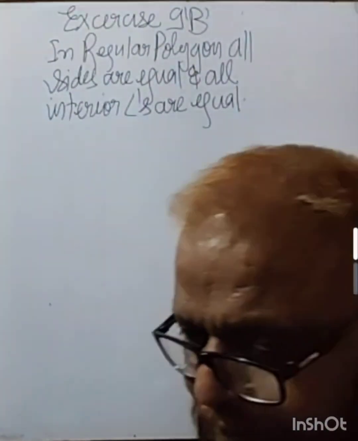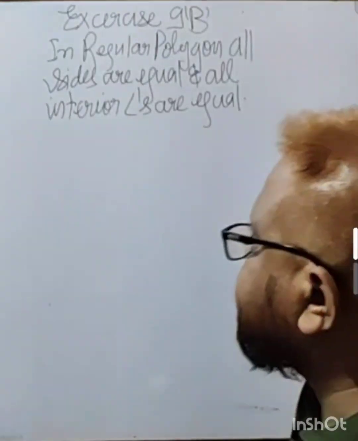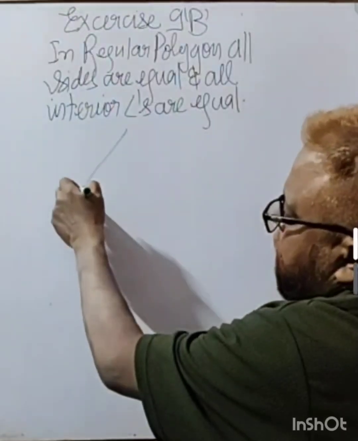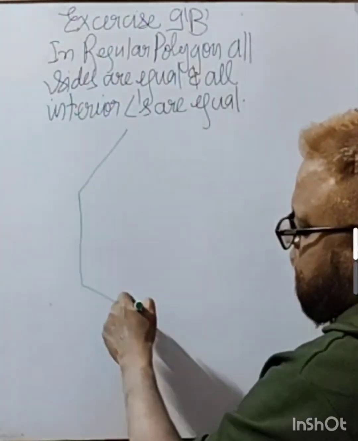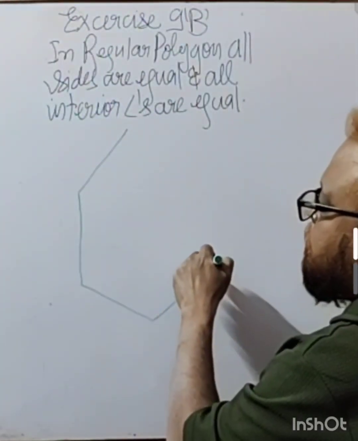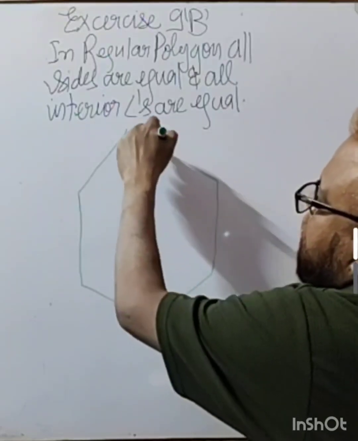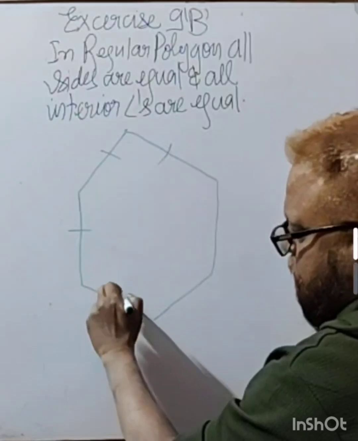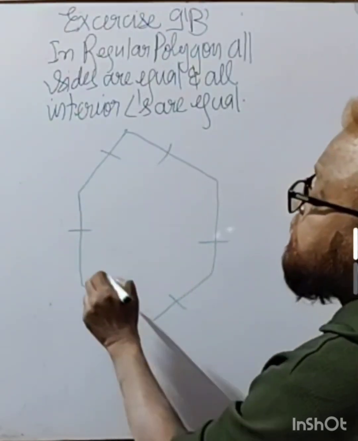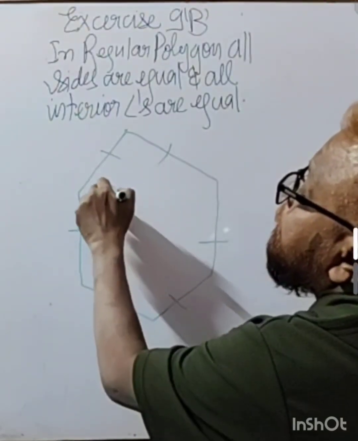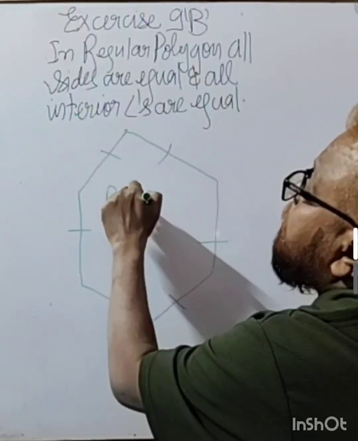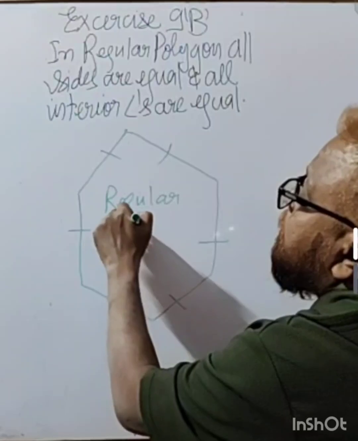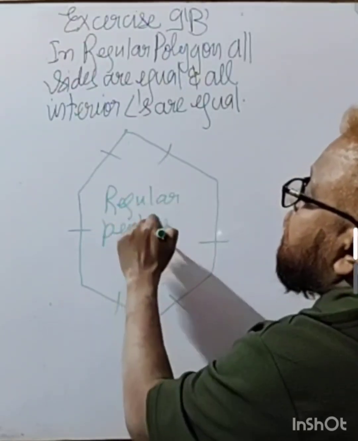If there is a regular pentagon, suppose all these sides are equal. This is a regular pentagon, right?